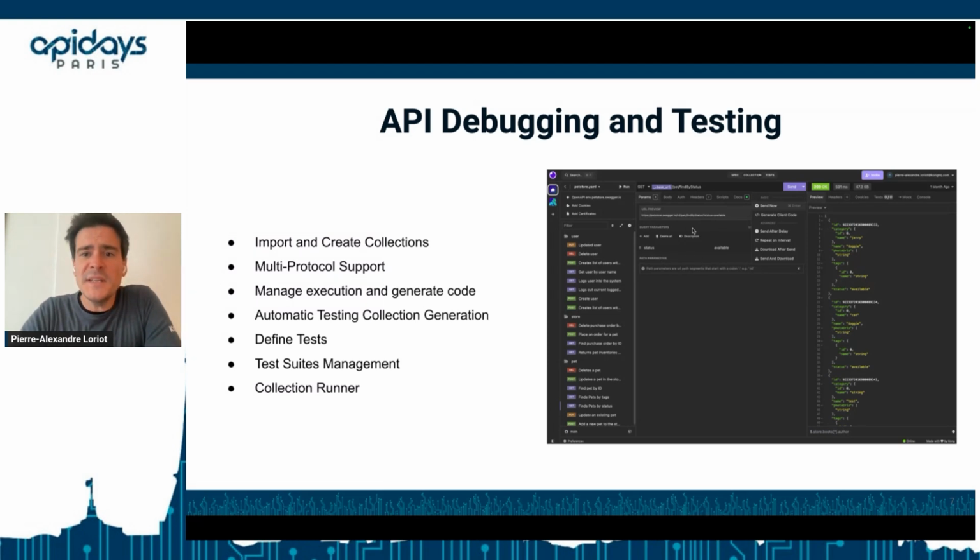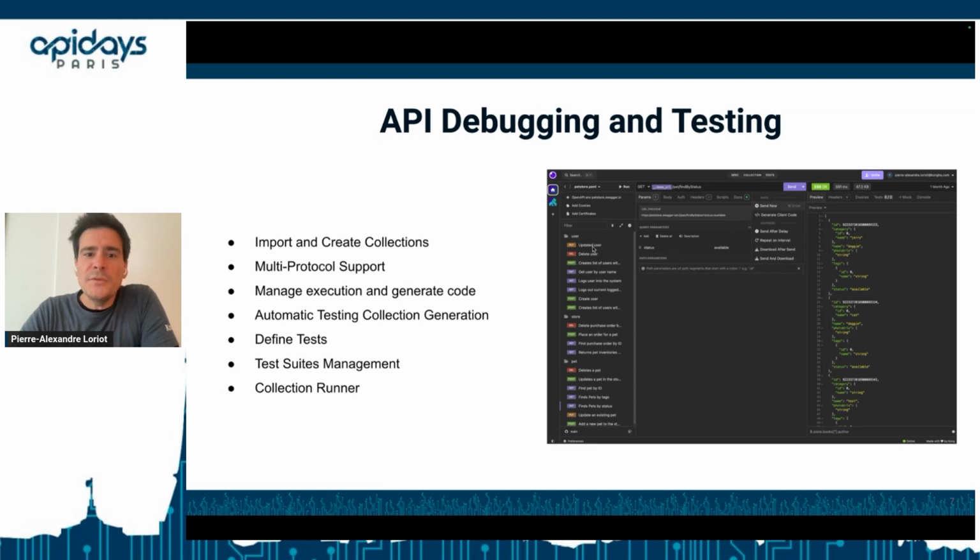And with testing capabilities, you can manage the execution of your code. You can call your API one time, you can send it after a delay, you can repeat with intervals, and you can also generate your code in your preferred language to execute your code.